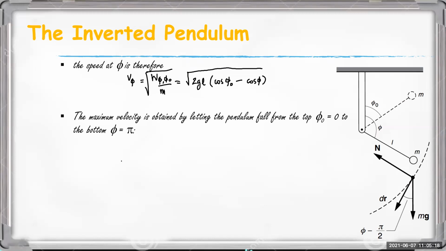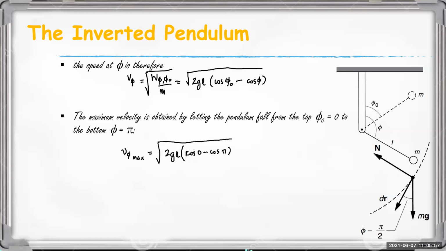Then v phi max must be equal to root of 2gL into cos 0 minus cos pi.